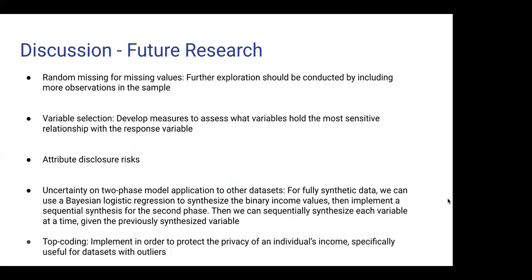And the last thing that we wanted to suggest was top coding. If there's a way we can implement that to protect the privacy of individuals' income, especially if there are very noticeable outliers, and how that would improve the utility and risk evaluations.